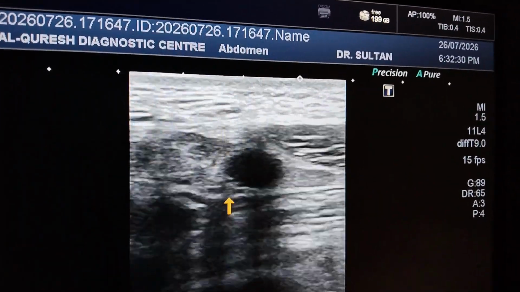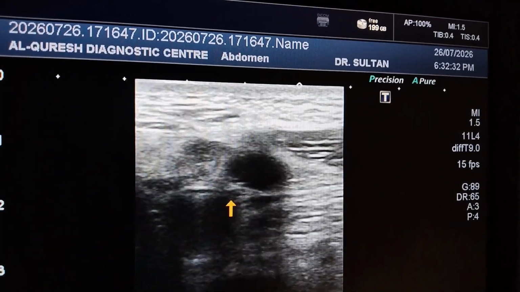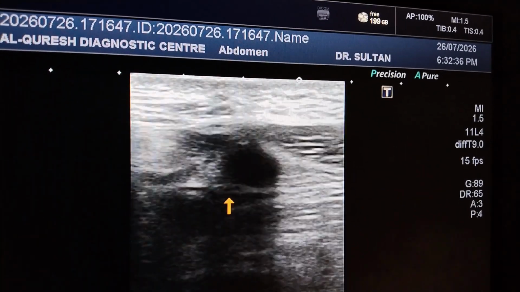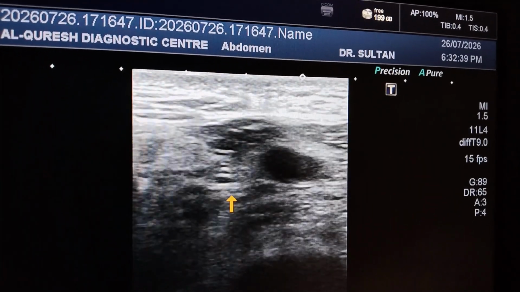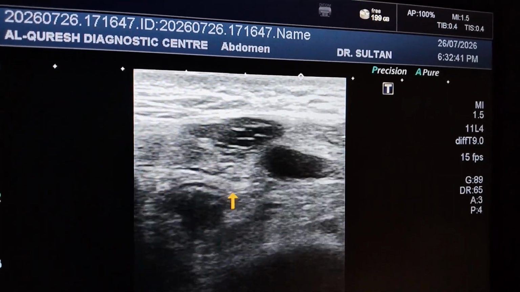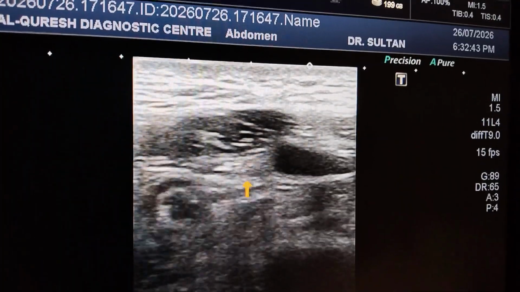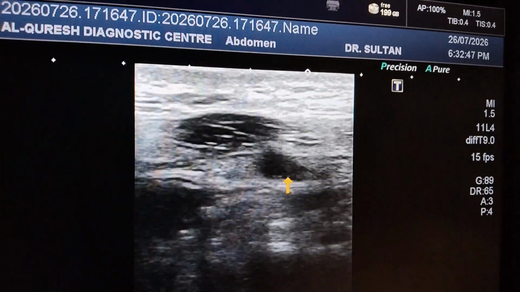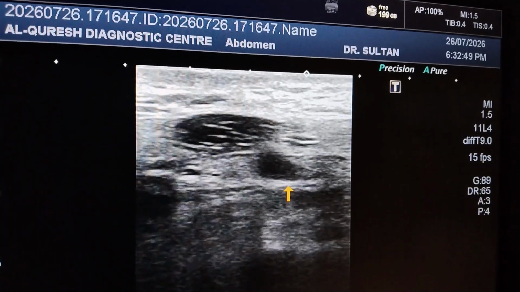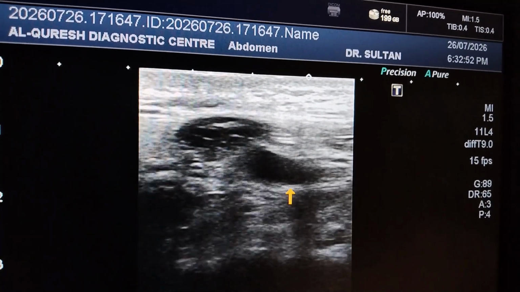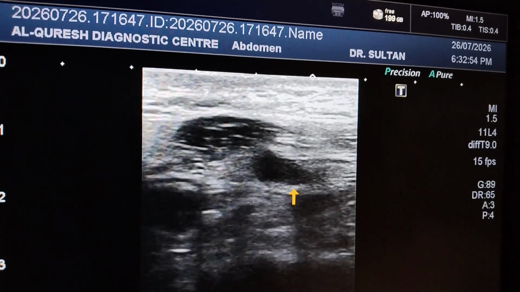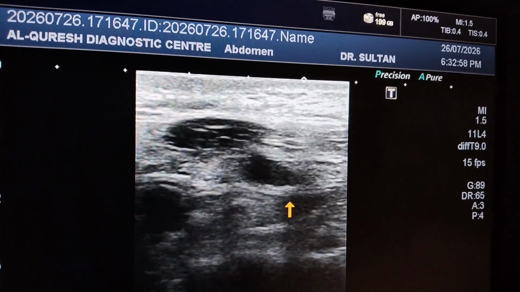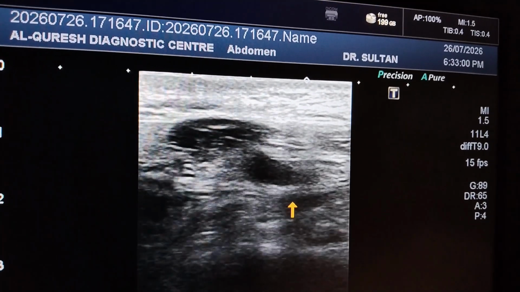Now, what is the urachal anomaly? First, we will talk about the urachus. It is related to the allantois in fetal life. In fetal life, the urinary bladder develops from the urogenital sinus of the cloaca.